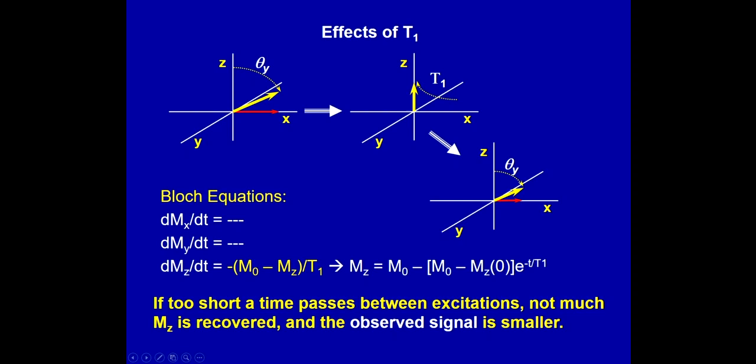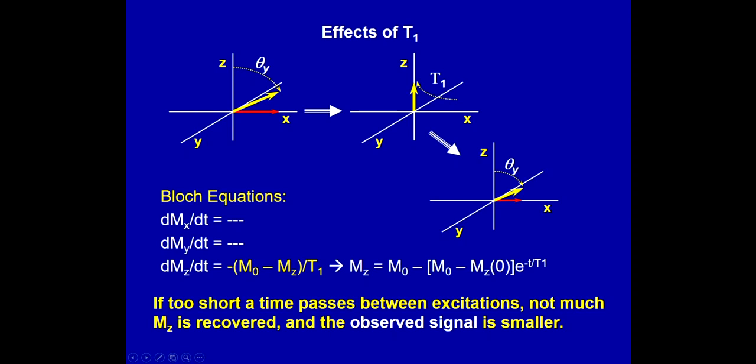T1 for CSF may be 3 seconds. T1 for white matter could be around 700 milliseconds.